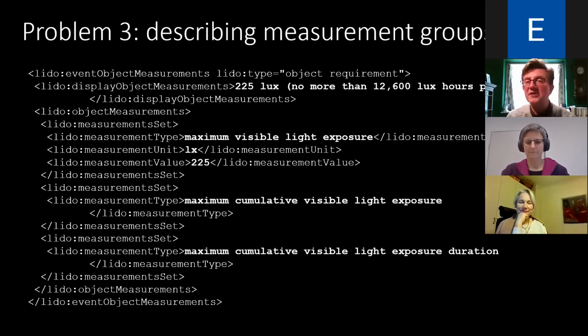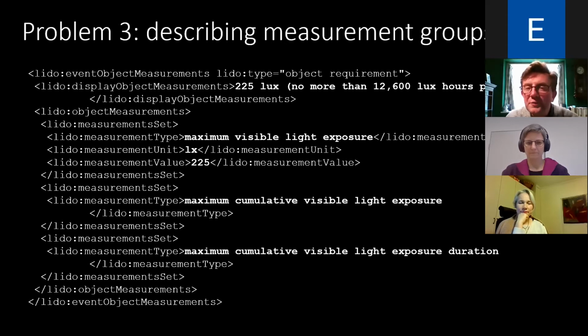And one for the duration over which that maximum exposure is measured. In this case, it was a week. Now we need to group these three different measurements together because they all relate to one requirement described in that string, 225 lux, no more than 12,600 lux hours per week.